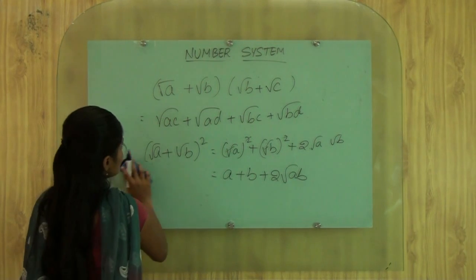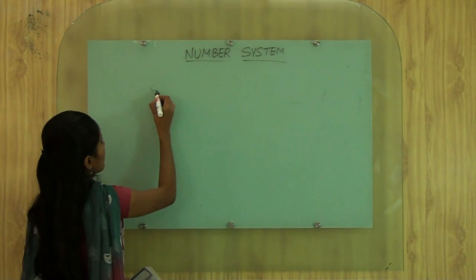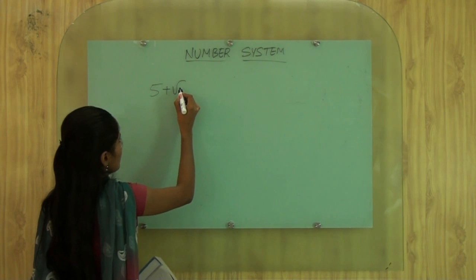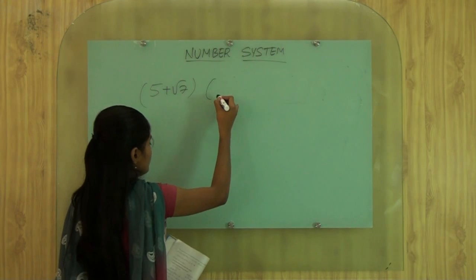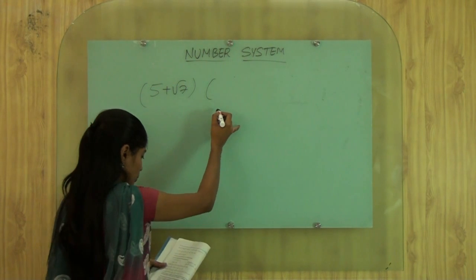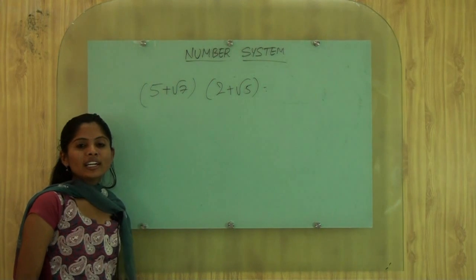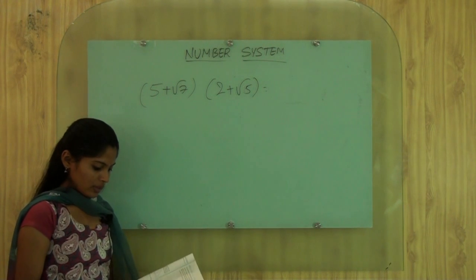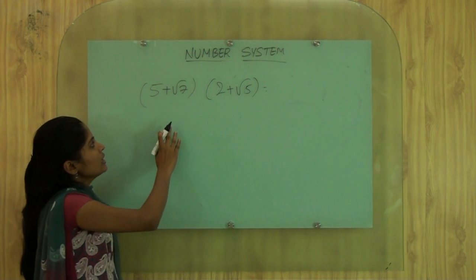Let's move on to exercise problems. Simplify the following expression: 5 plus root 7 into 2 plus root 5. Looking at the previous identity, we can solve this.